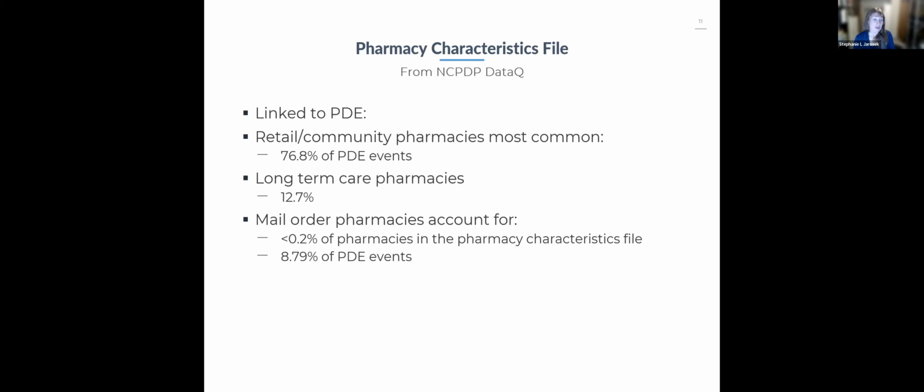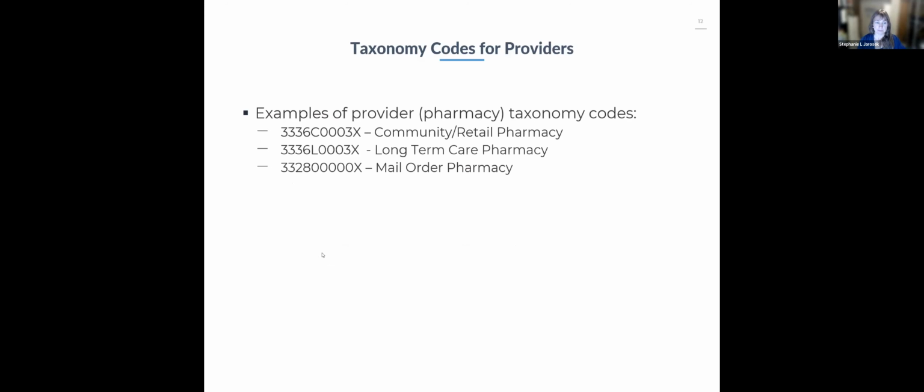And then, even though in the pharmacy characteristics file there aren't that many mail order pharmacies, as Gia mentioned, the percentage of PDE events that happen through mail order pharmacies has really increased. So we find that almost 9% of the PDE events actually happen through the mail.